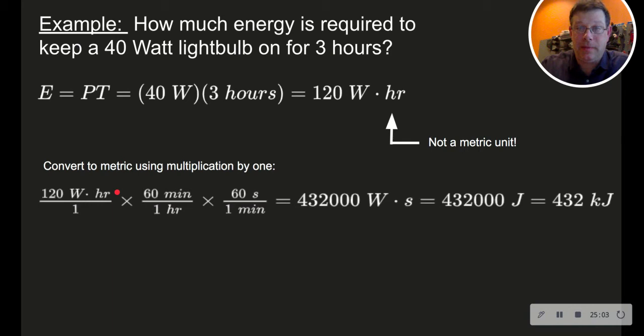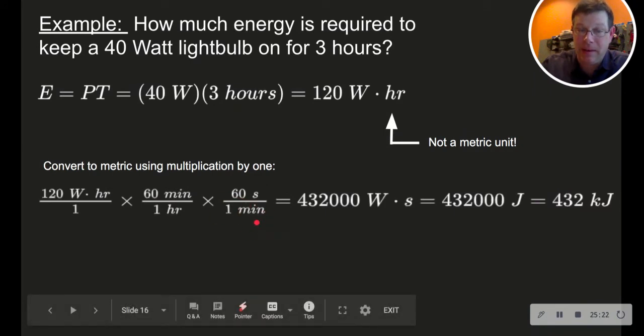We use multiplication by 1 by cleverly deciding what to put in the numerator and what to put in the denominator. We'd like to get rid of the hours because that's the non-metric unit. So we put that in the bottom, which means we have to put 60 minutes in the numerator. Then we're stuck with minutes in the numerator. How do we get rid of that? Well, we choose a multiplication by 1 which gets rid of the minutes and replaces them with seconds.